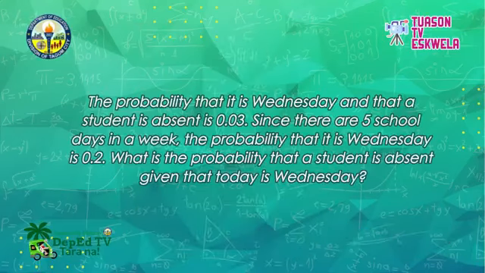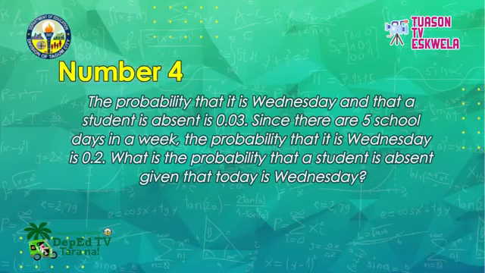Number 4. Question is, the probability that it is Wednesday and that a student is absent is 0.03. Since there are 5 school days in a week, the probability that it is Wednesday is 0.2. What is the probability that a student is absent given that today is Wednesday?